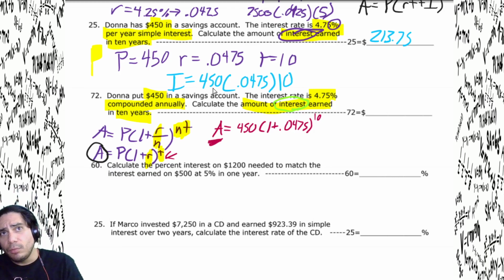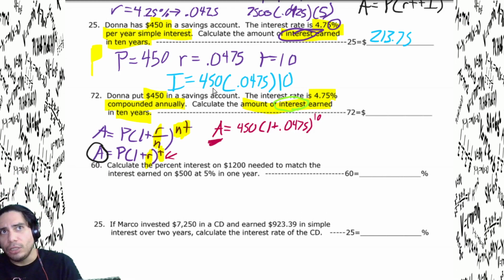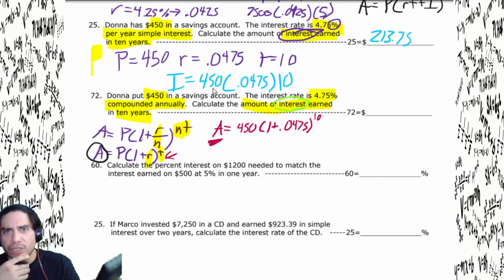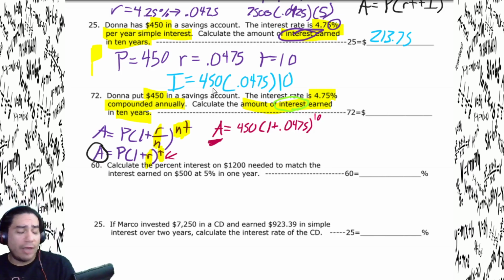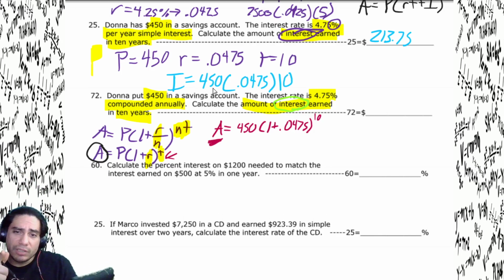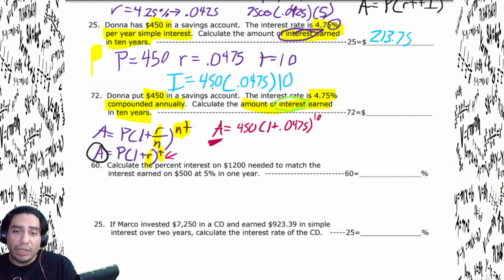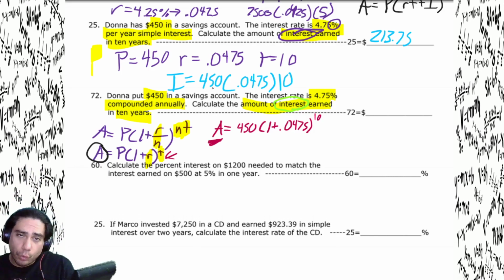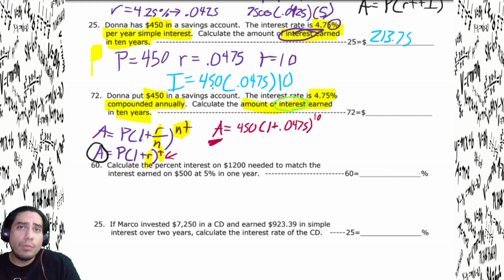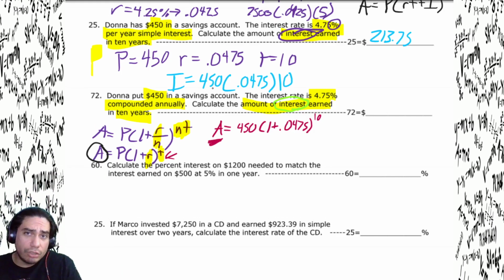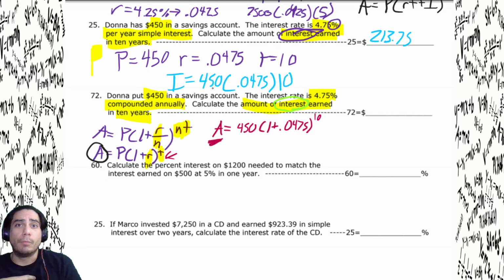Remember that very first problem we did, where we had to add our original principal to figure out the total amount in the account? Well, since we already have the total amount in the account, we have to do one more step. We're going to get the original principal and subtract it, so we can see how much of this money was interest that we earned from our money in the account.